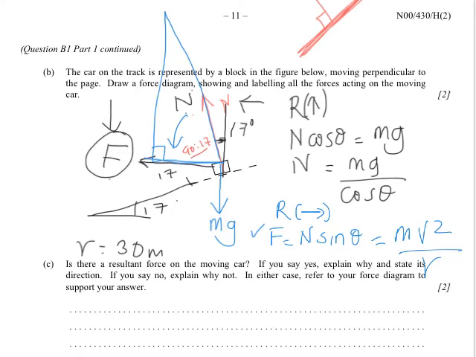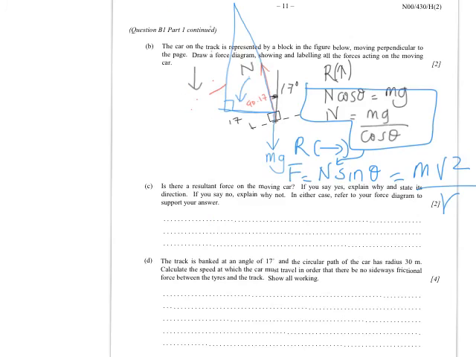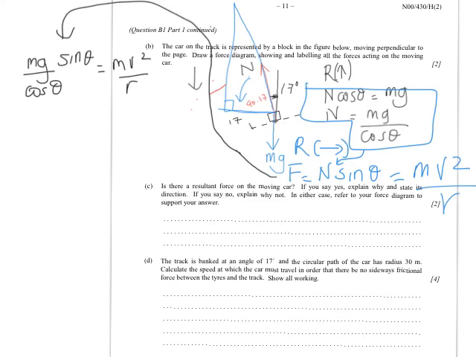Okay, so what do we do now? Well, we need to substitute the value for N into here. So let me clear a space so I can do that. If we put in the expression for N, we end up with mg over cosine of the angle times sine of the angle equals mv squared over r.